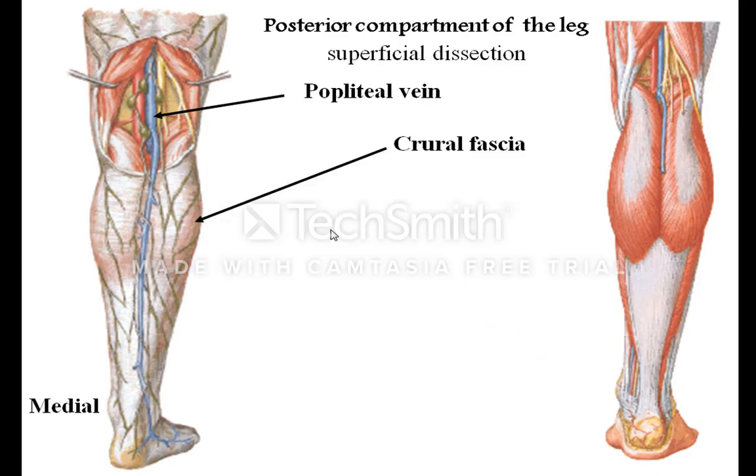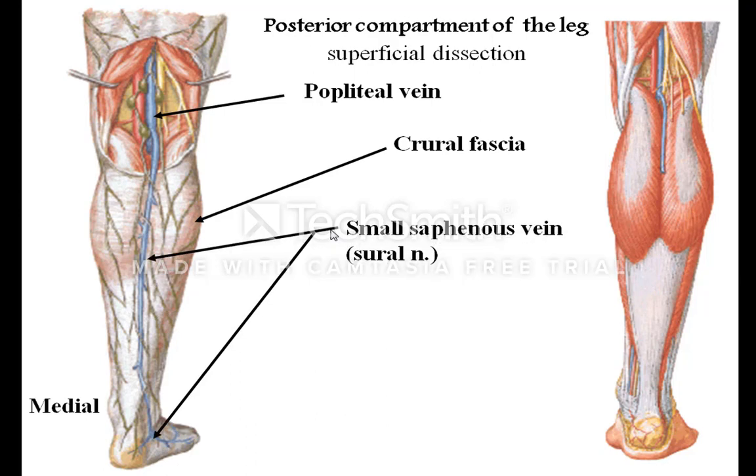Superficially here in the posterior leg we can see this vein running here, which is the small saphenous vein, which usually accompanies the sural nerve, a cutaneous nerve.